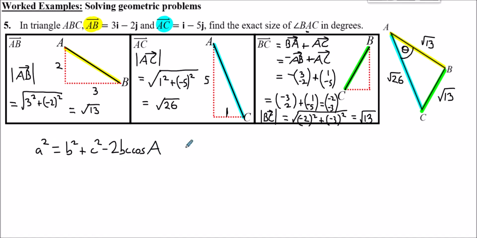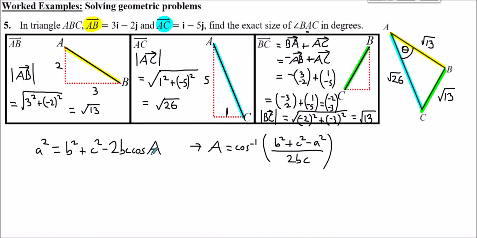So if we rearrange this, we can say that A is cos minus 1 of b squared plus c squared minus a squared all over 2bc.